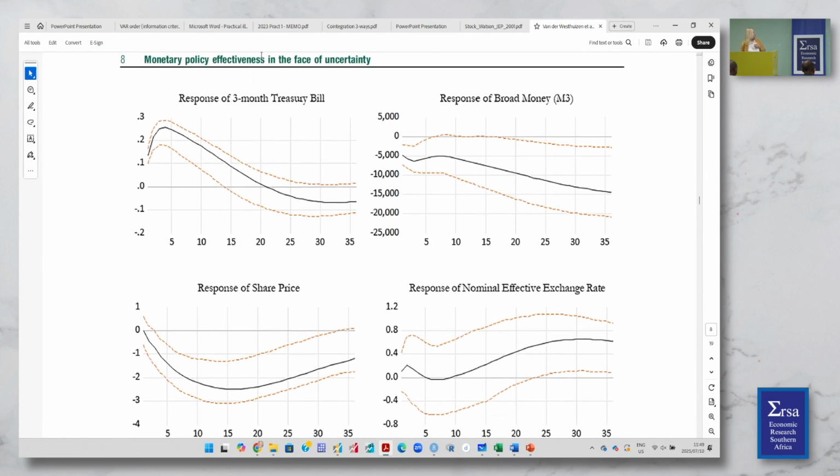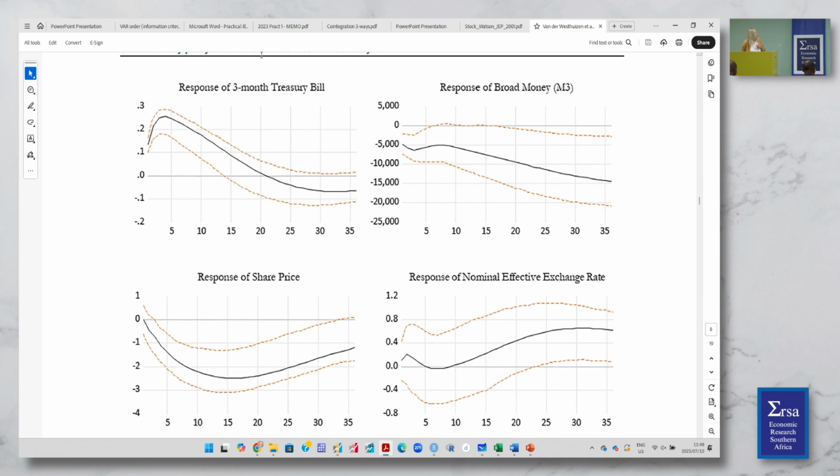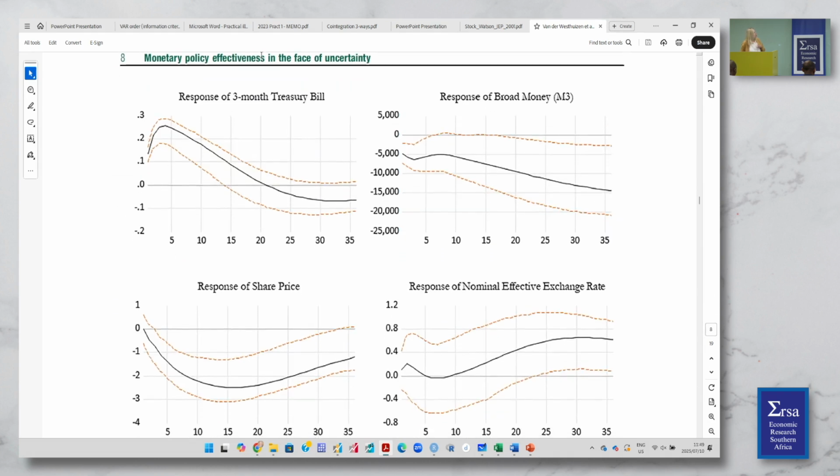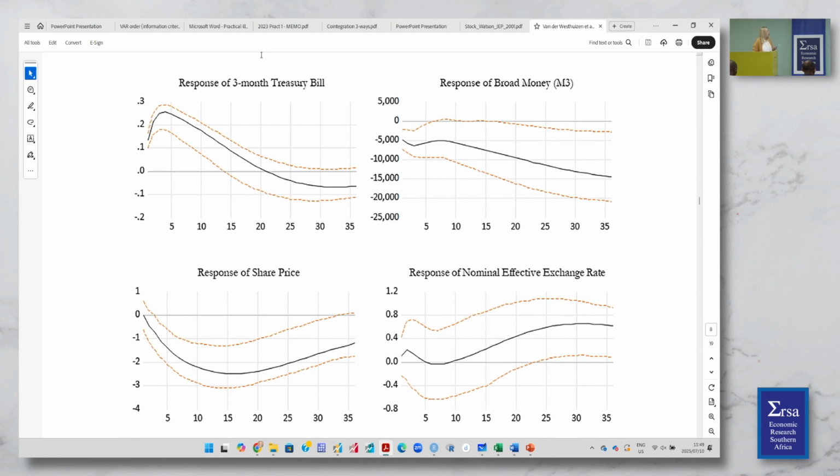The graphs are not so pretty, but this is the typical response, not considering any uncertainty. Obviously, money market rates will move together with the repo rate. Bonds will move together with that. Broad money will be brought down. Let's think about these two for a second.